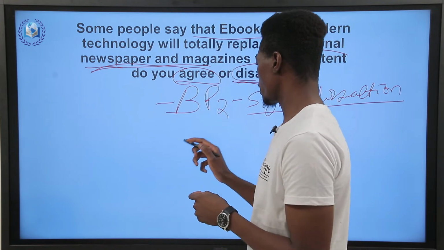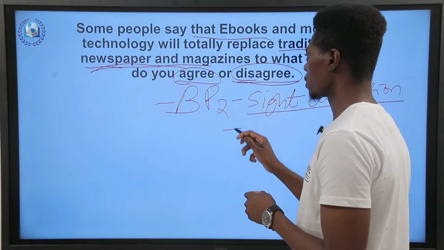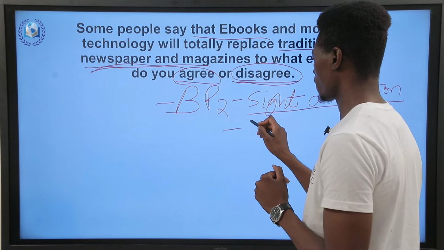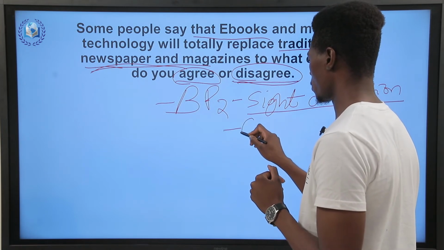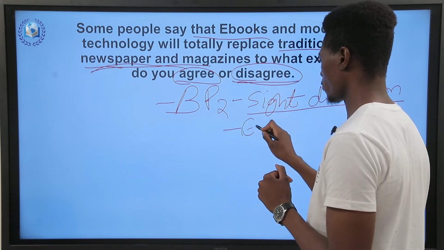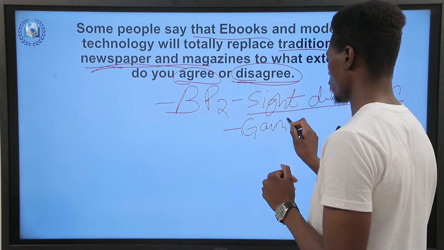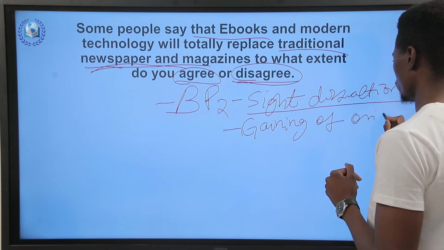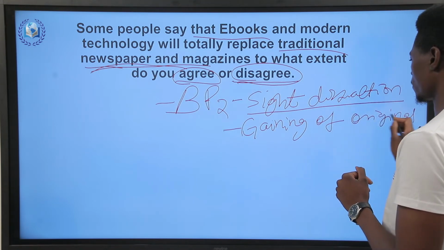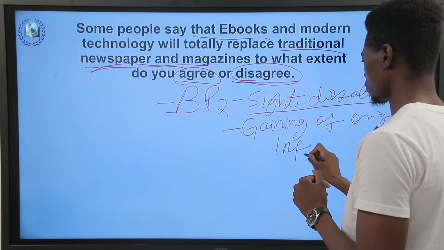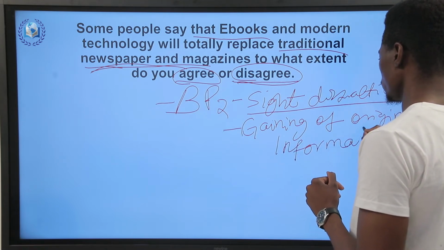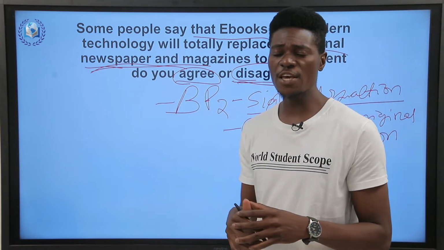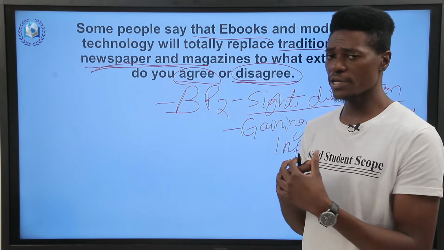Another point we can say is the usage of newspapers and magazines: gaining or achieving original knowledge.